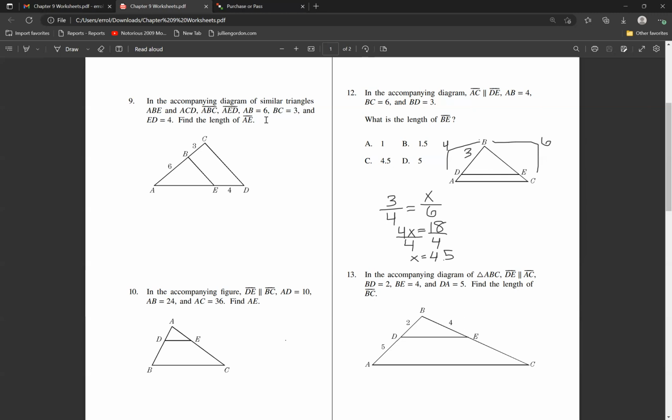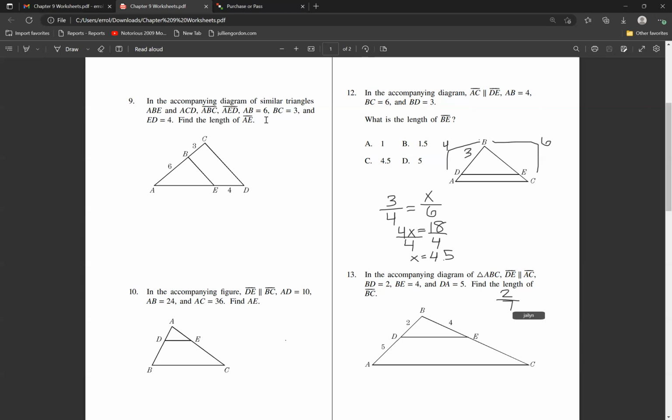In the accompanying diagram of triangle ABC, DE is parallel to AC, BD equals 2, BE equals 4, DA equals 5. Find the length of BC. Find the length of BC.